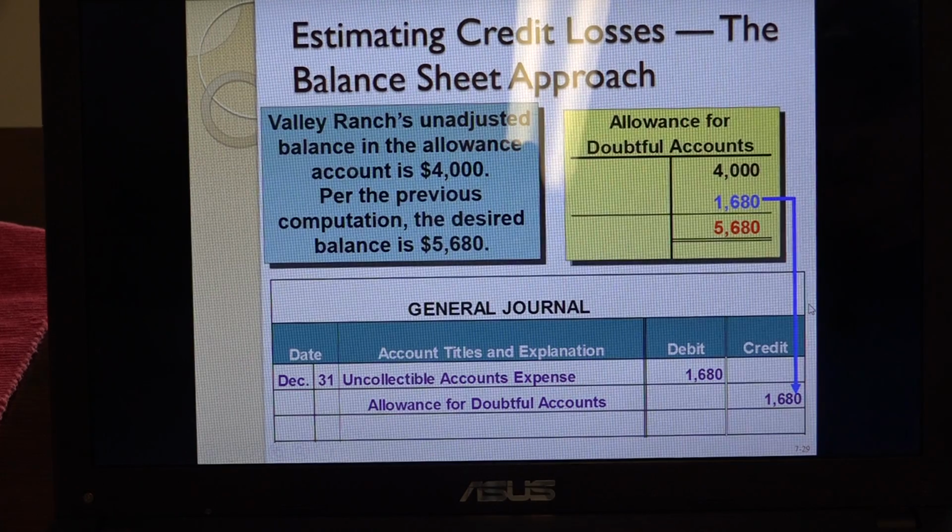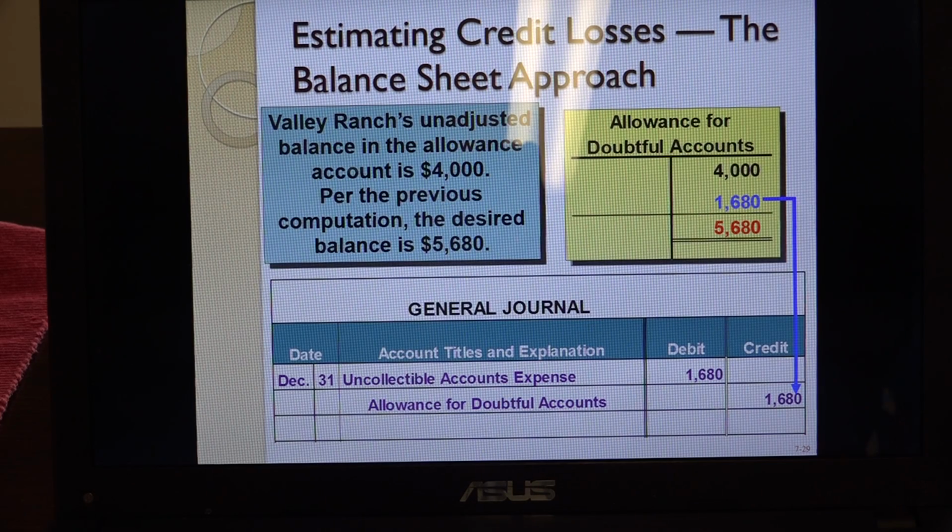Okay? Now note what's happening here. This company had a prior year balance in their allowance for doubtful accounts account. They had a credit balance of $1,680.